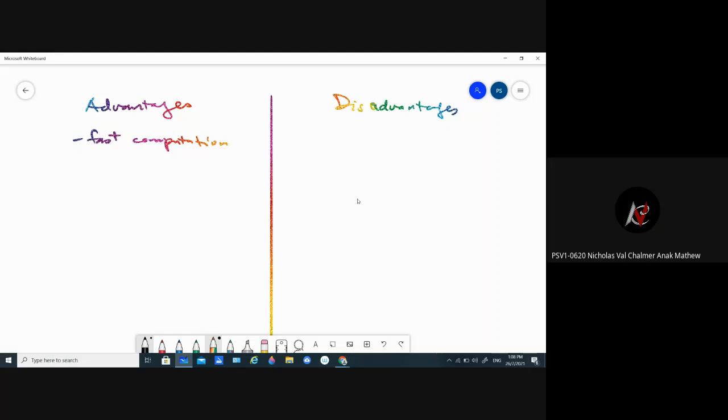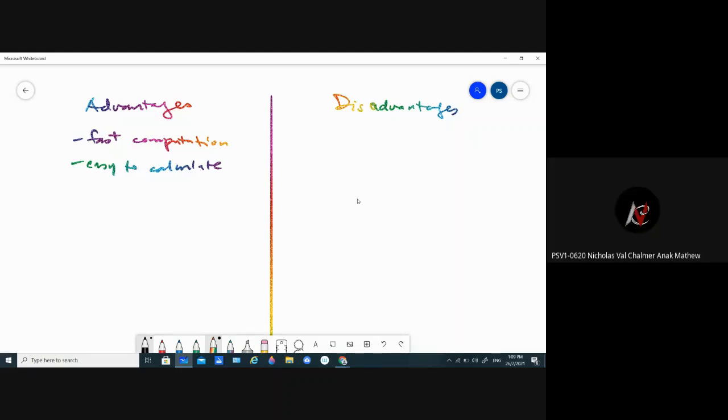Anyone else? Easy to use. In what way easy to use? Easy to press numbers? Yes, press numbers. Okay, easy to use also comes inside here. We can put easy separately. Easy to calculate. What else?